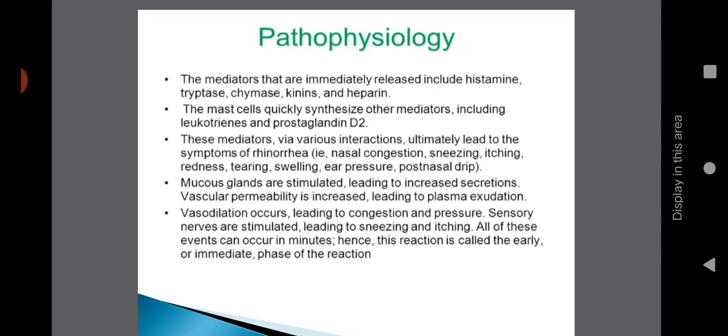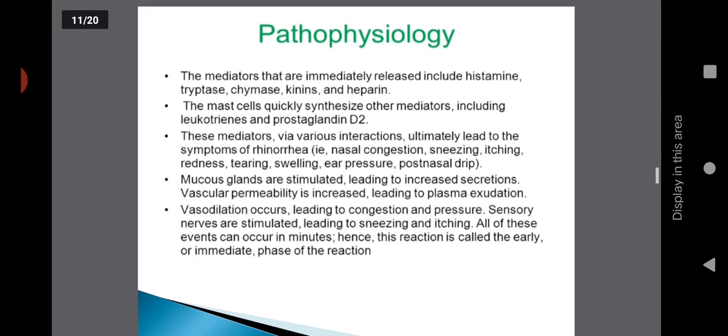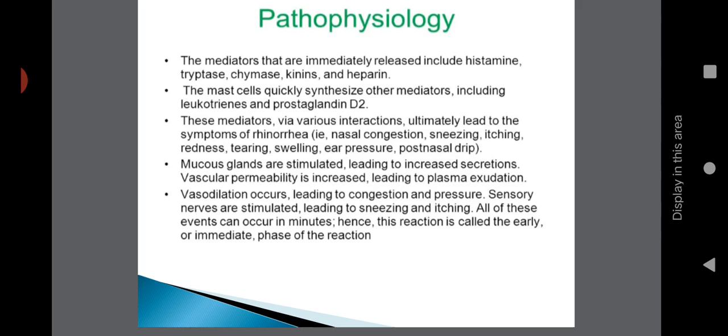Okay, so how is it occurring? Once you are exposed to the allergen, IgE will be forming some chemical mediators, and due to the reaction of the chemical mediators, this kind of symptoms will be forming. Then what can we see? Mucus glands are stimulated, leading to increased secretion. Vascular permeability is increased, leading to plasma exudation.